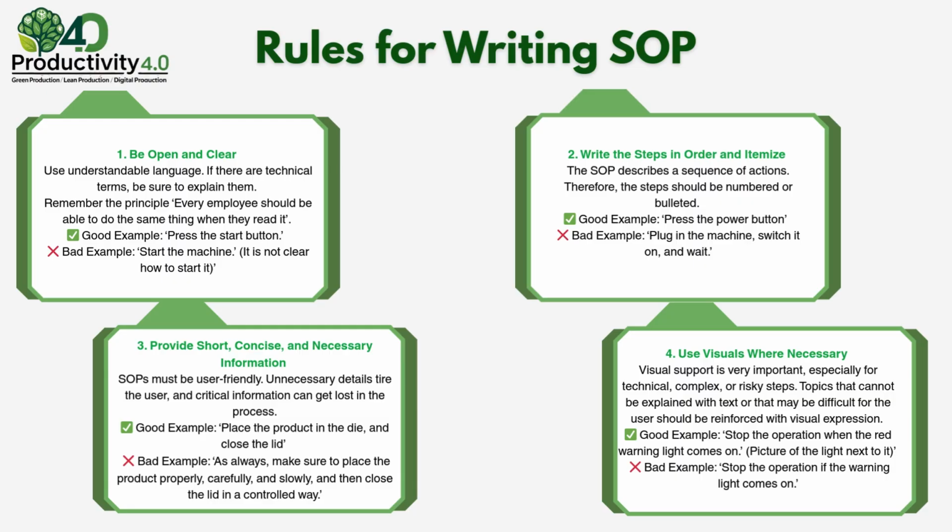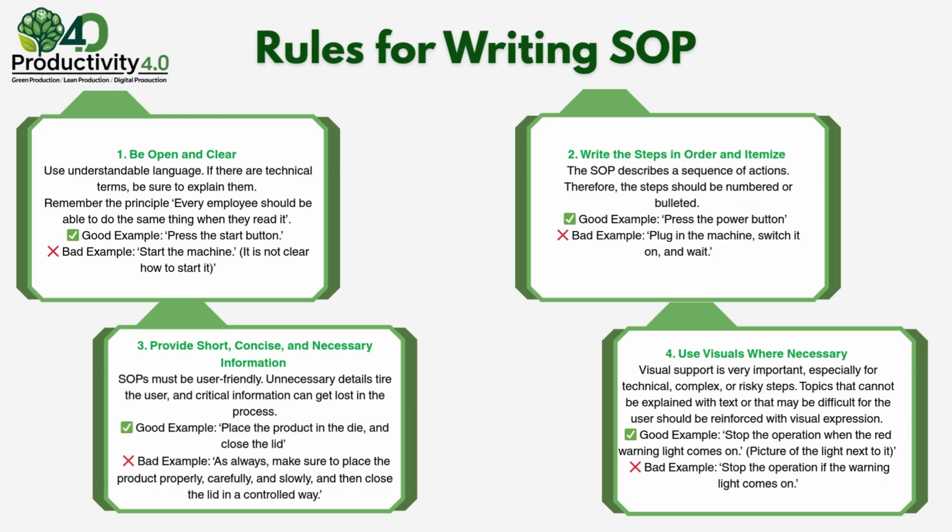Also, standard operating procedures should be concise and to the point. Unnecessary details should be avoided, and only critical information should be included. For example, simple instructions like "place the product in the die and close the lid" are much more effective than lengthy explanations.